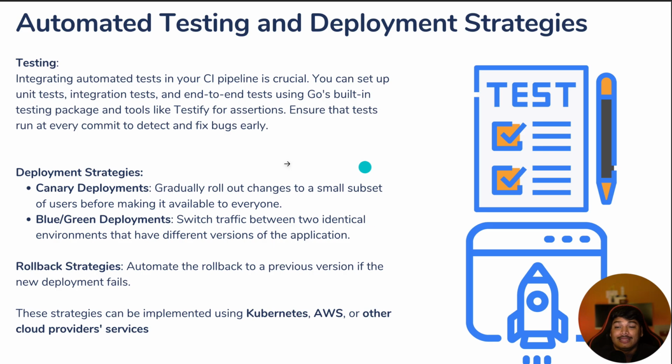Ensure that tests run at every commit and detect bugs. If you see any problem in the source code and a test is not successful, that's a problem, and the developer should fix that first. That should be the mindset. In the day 5 test session I've covered this in great depth, so you can go and check that out.